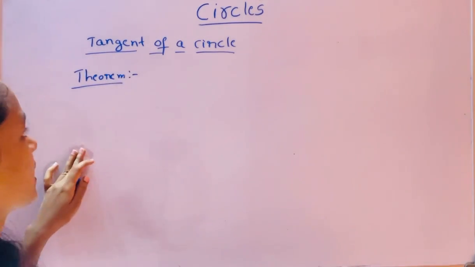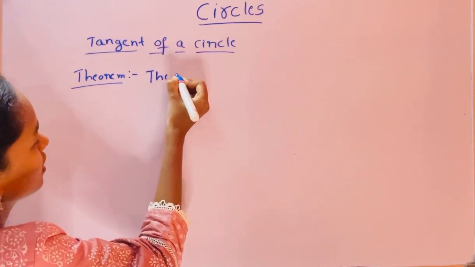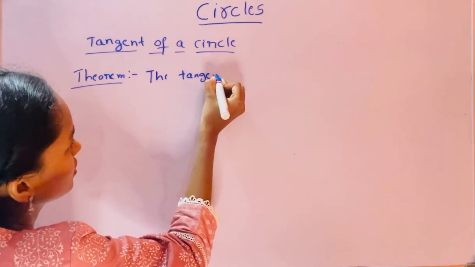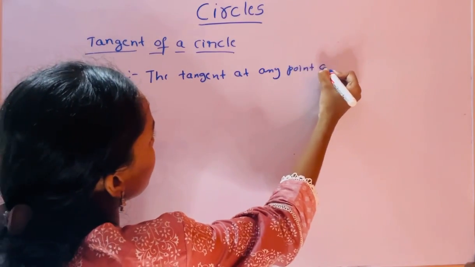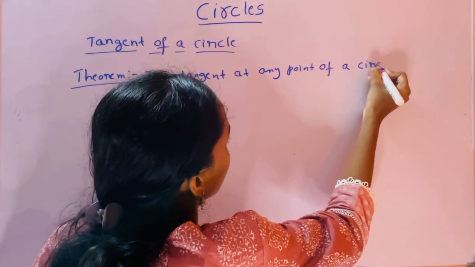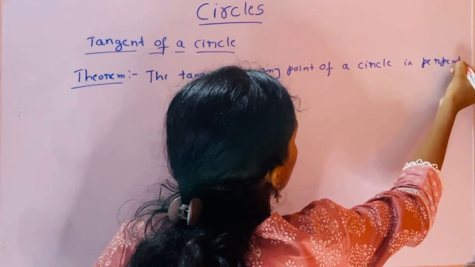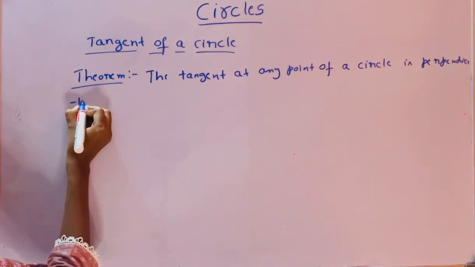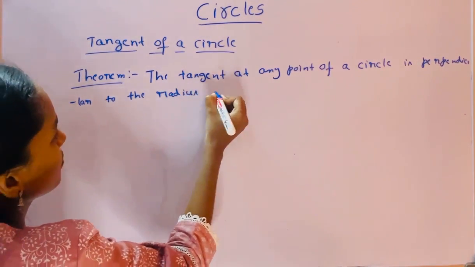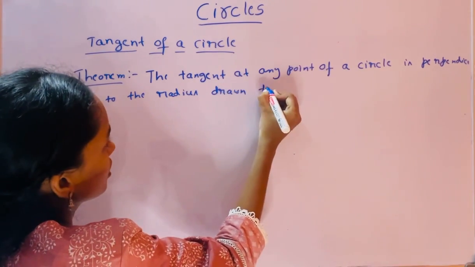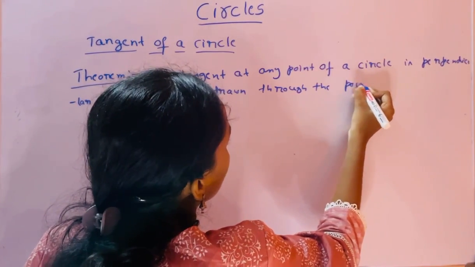What is the statement of this theorem? The statement is: the tangent at any point of a circle is perpendicular to the radius drawn through the point of contact.